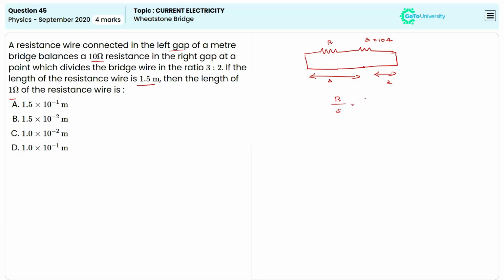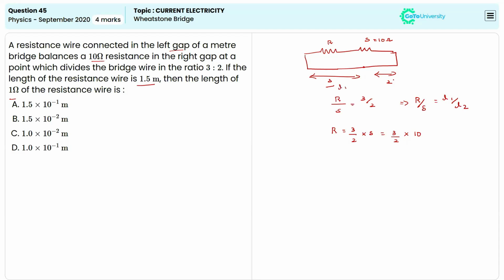Okay, so it's known that whenever we have a meter bridge, we can use the balancing equation: R divided by S is 3 over 2, right? So R will be equal to 3 divided by 2 times S, which is 3 divided by 2 times 10, because it's known that for a meter bridge, R divided by S is equal to L1 divided by L2.